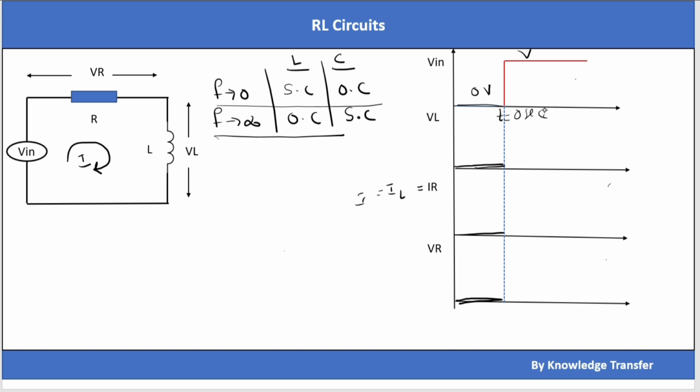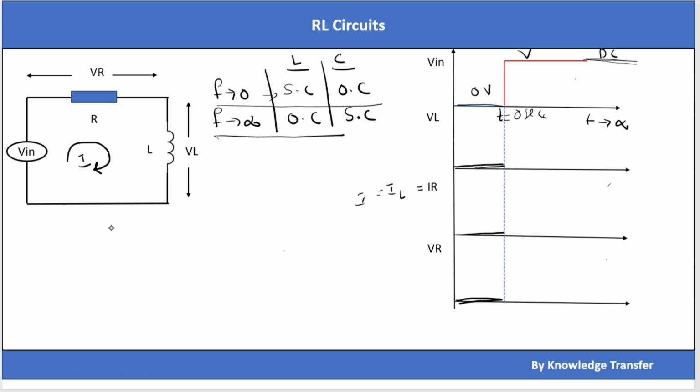So let's take t equal to infinity. That means as t tends to infinity, we know that this step will look like a DC voltage, that means frequency 0. At frequency 0, we know the behavior of the inductor is a short circuit.